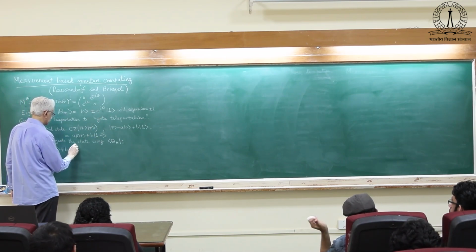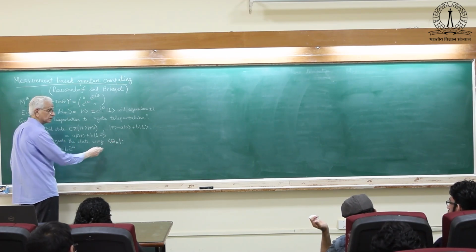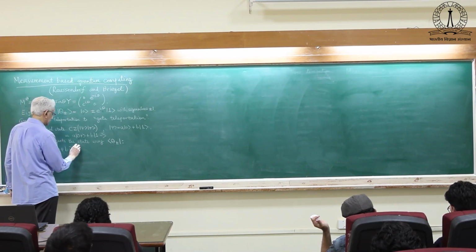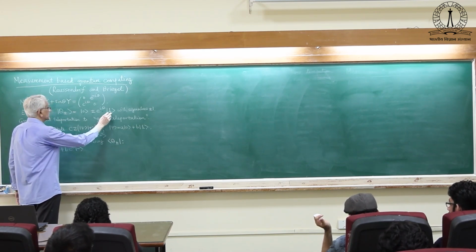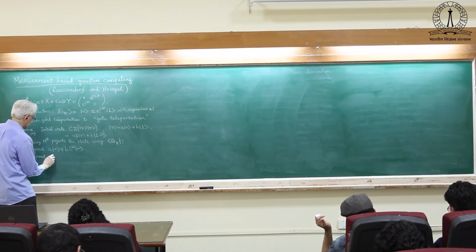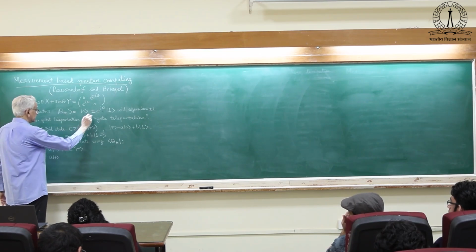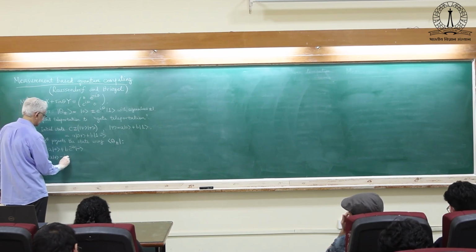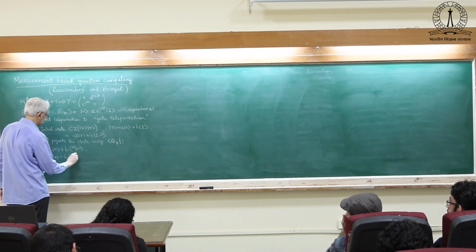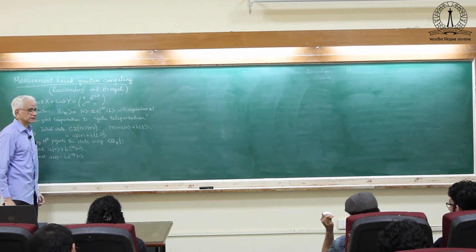So, it will be e raised to i theta, with a sign change because this is a complex conjugate, and this is the minus component of the second qubit. And this one now will look very similar, except that the theta has a negative sign. So, it will look like this direction.